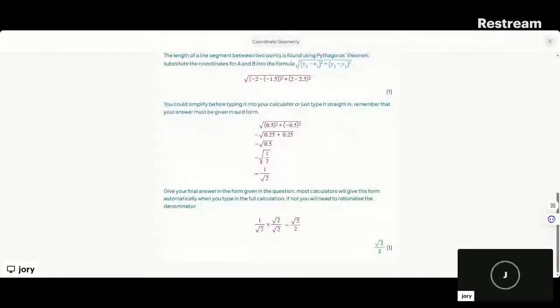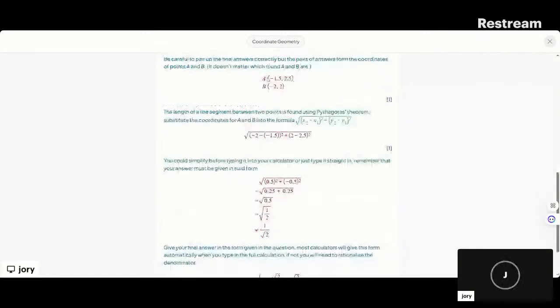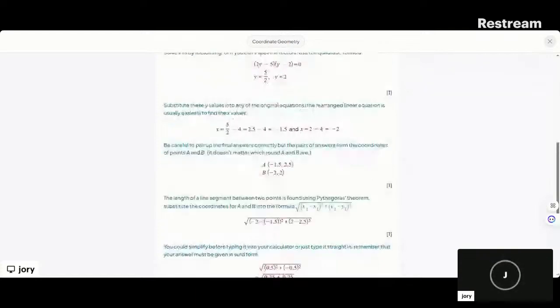I did something wrong. Oh, this is the y's. Sorry. Oh my god. Okay, y2 is 2 minus y1, which is 5/2. Gives you -1.5.